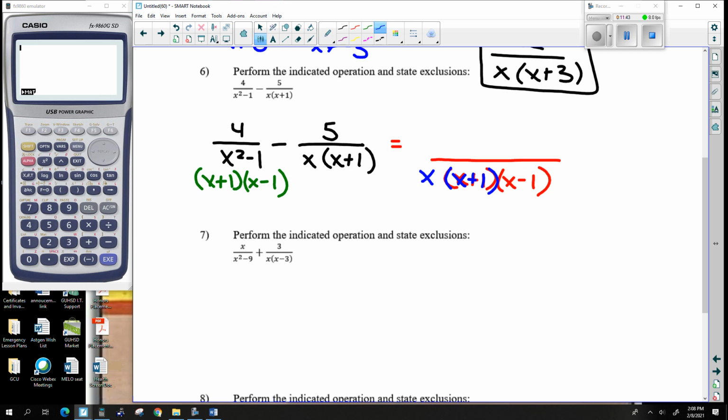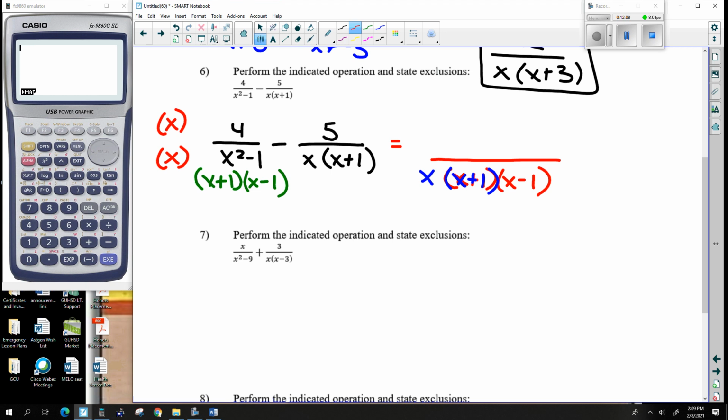So when I am trying to accomplish this common denominator, truly, what does the left-hand side need that it doesn't already have? Oh, the left-hand side needs an x, and that's it. It only needs an x. Because now if I put an x, take a look at what that denominator is. It's x, x plus 1, x minus 1.